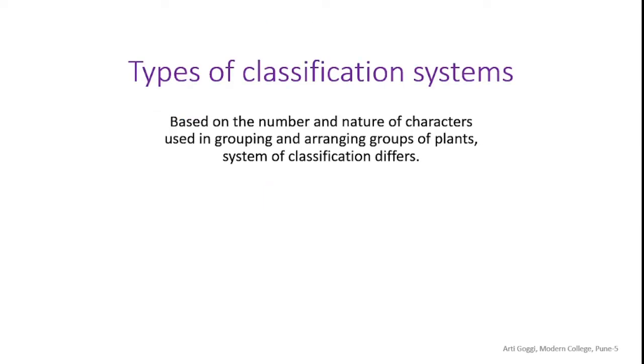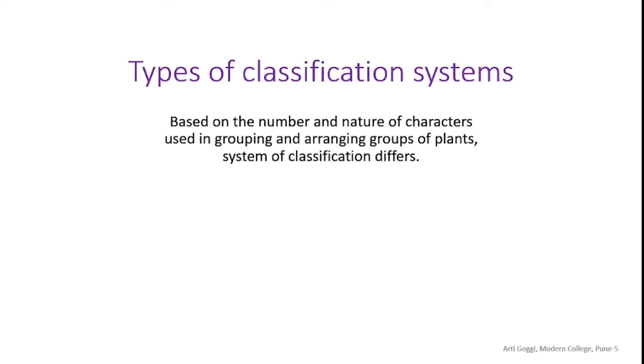Different types of classification systems are developed by taxonomists, and these classifications differ from each other based on two factors. The first factor is what kind of character or characters are used while classifying the plants, and the second factor is how many characters are used.